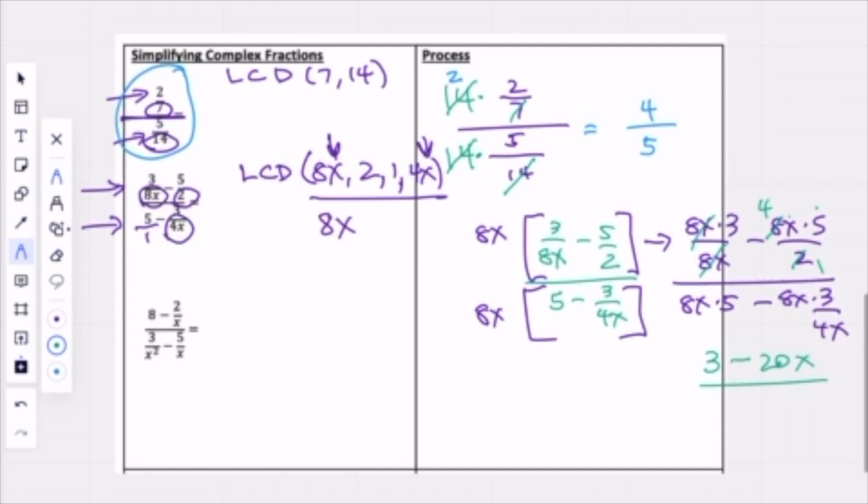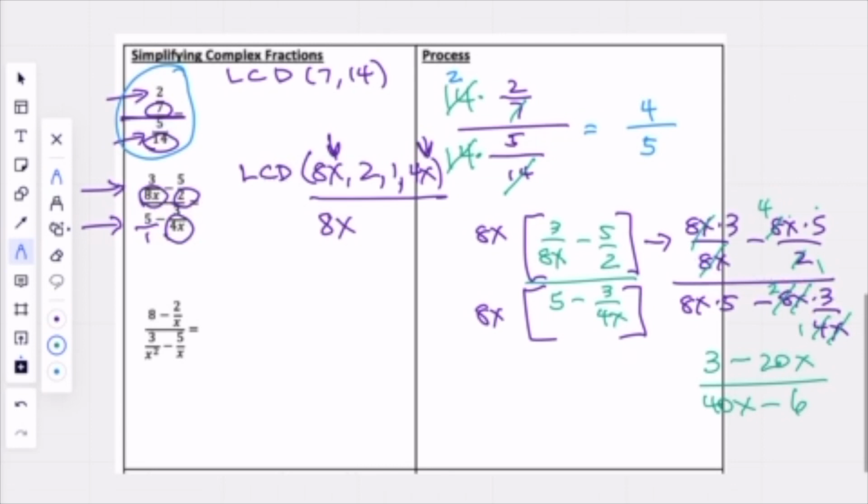And then in the denominator, I have 40x minus, oh look, this x and this x cancel out. And then I've got 8 over 4, which is 2 over 1. And that just becomes a 6. Oh my gosh. 3 minus 20x over 40x minus 6.